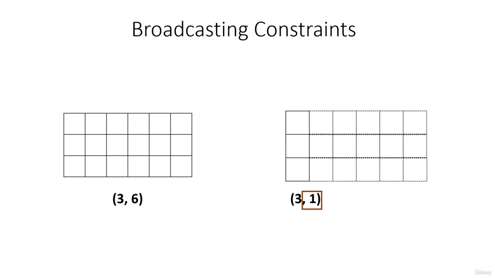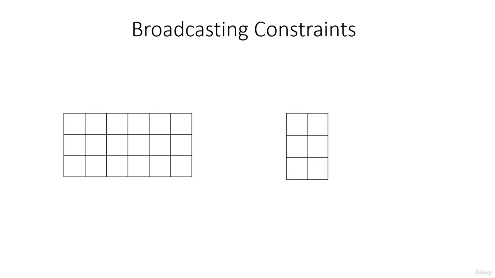This we do by replicating the last dimension of the array to match the larger array. Once the smaller array has been replicated, the shapes of the two arrays perfectly match each other, and you can now perform element-wise arithmetic operations on these two arrays. Let's consider another example here.